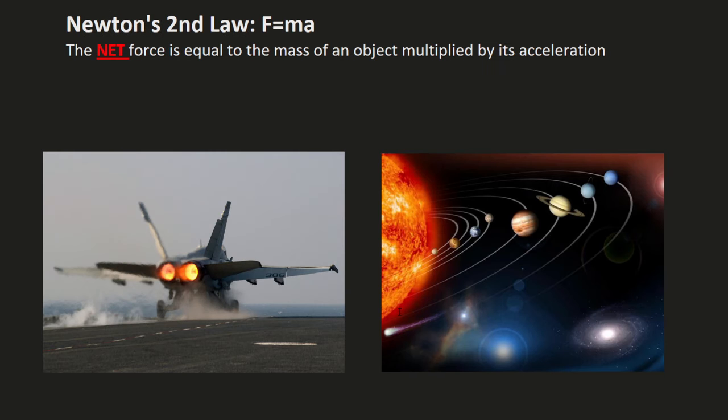Newton's second law is force is equal to mass times acceleration, or the net force on an object is equal to the mass of the object multiplied by its acceleration. And this is the equation you've seen in physics multiple times, F equals ma.